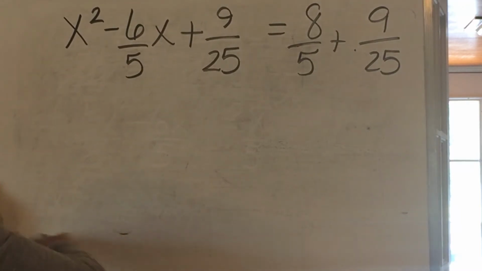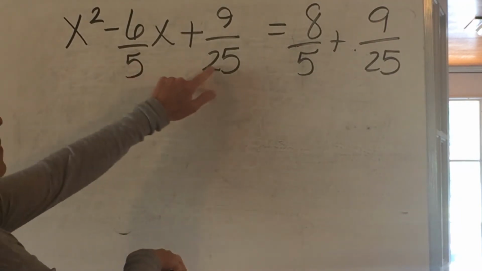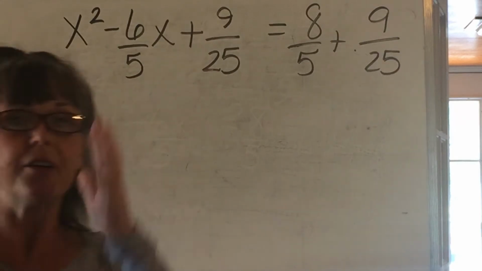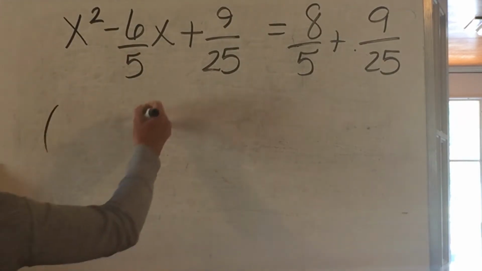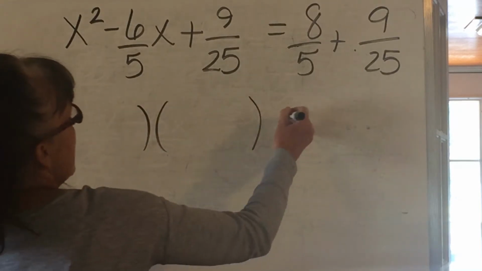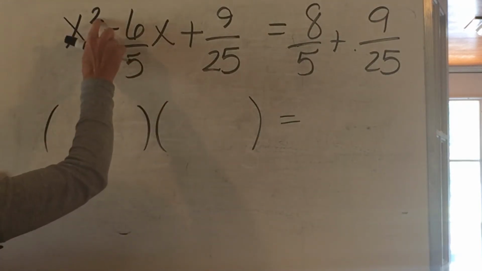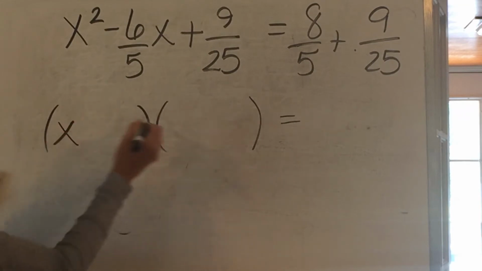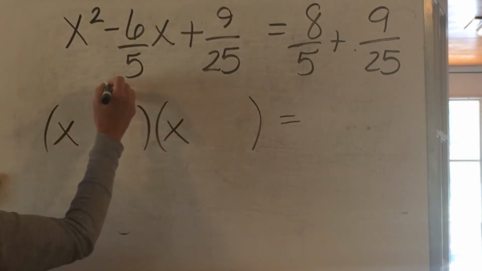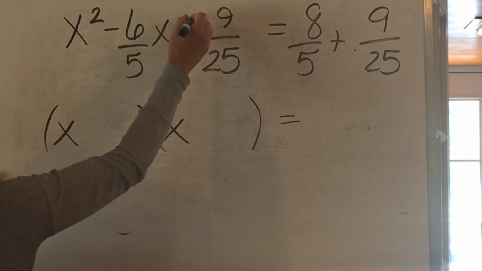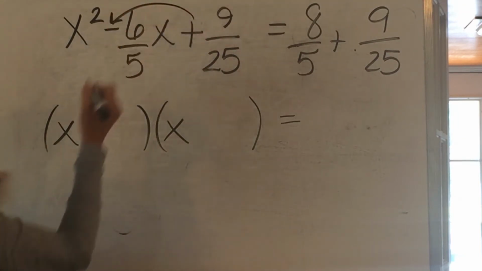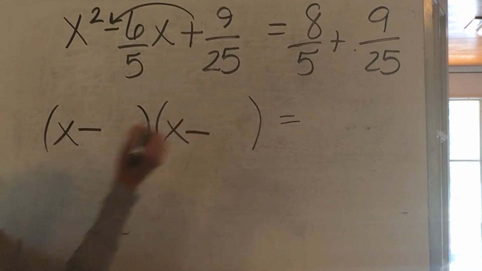Now, I've got to do factor, skip, factor. And you go, that's going to be a nightmare. No, it's not. 2 parentheses, and you're going x squared is x times x. Skip over the middle. Same signs, look back, 2 minuses.